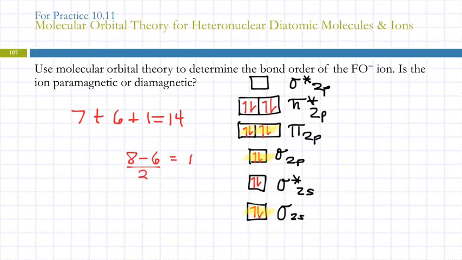So that's a bond order of 1. Is it paramagnetic or diamagnetic? Paramagnetic means they have some unpaired electrons, and diamagnetic means they're all paired up, 2s. It's diamagnetic.